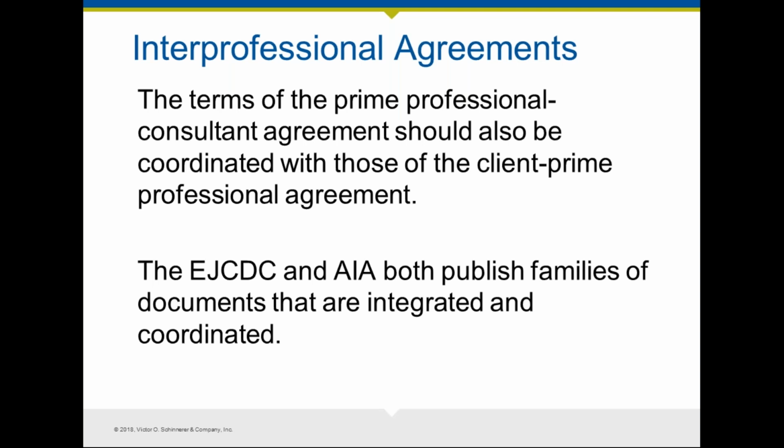So if you're using the AIA documents, for example, you can use the B101 as your owner prime, as the owner architect agreement, and the C401 for these architect subconsultant agreements, and so on.